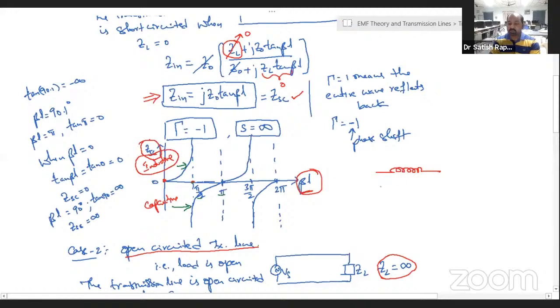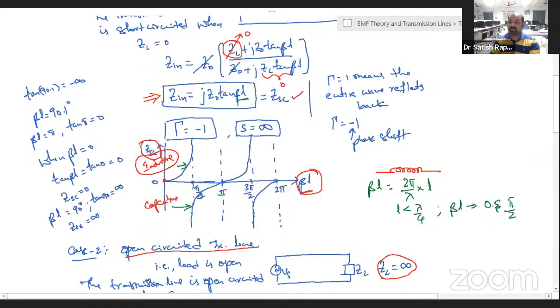So pi by 2 in the sense of what? Beta L. Beta L is equal to 2 pi by lambda into L. So if L is less than lambda by 4, then beta L is in between 0 and pi by 2.